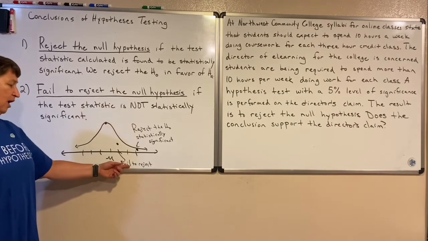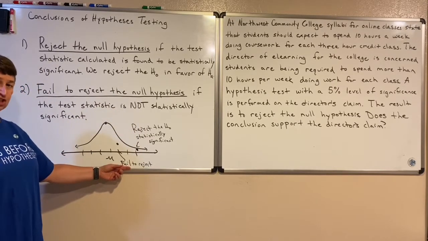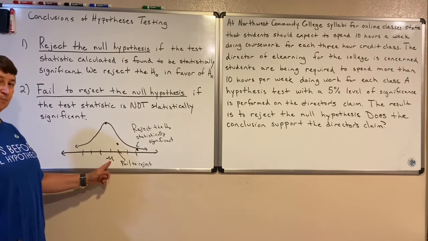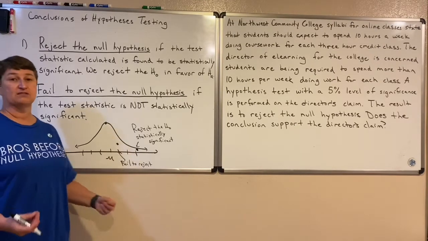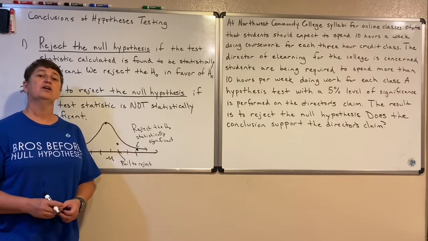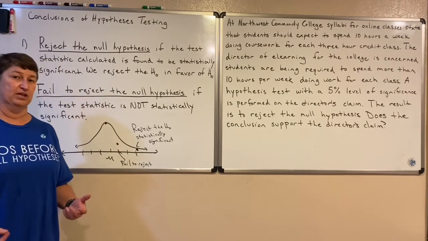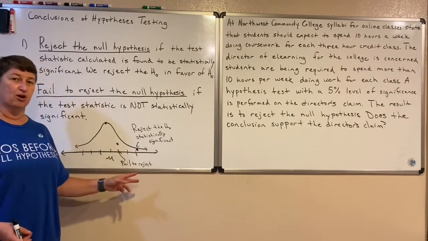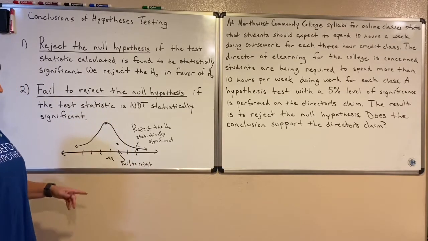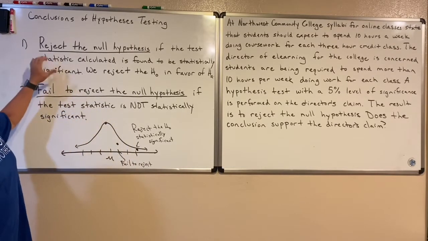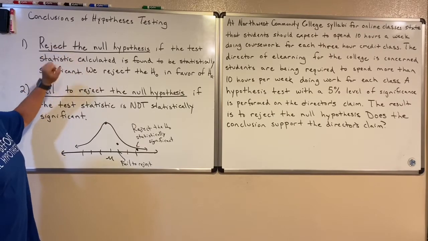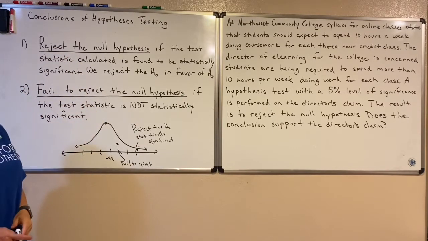And then we could fail to reject when it turns out that the mean is wrong, just like sometimes we say they're not guilty when they really are guilty. So we can make those same errors here as well. We'll look at that later. So the 2 conclusions we can come to are to reject the null and to fail to reject the null.